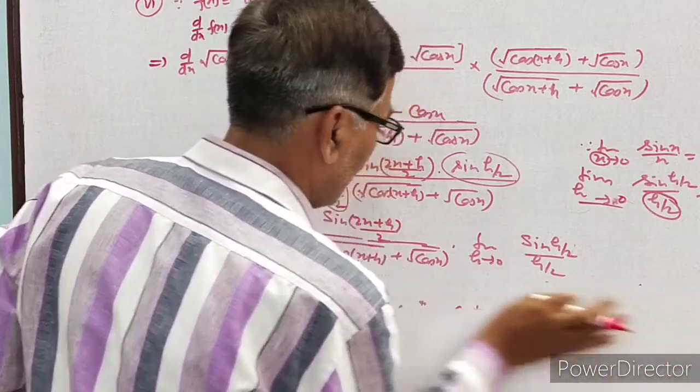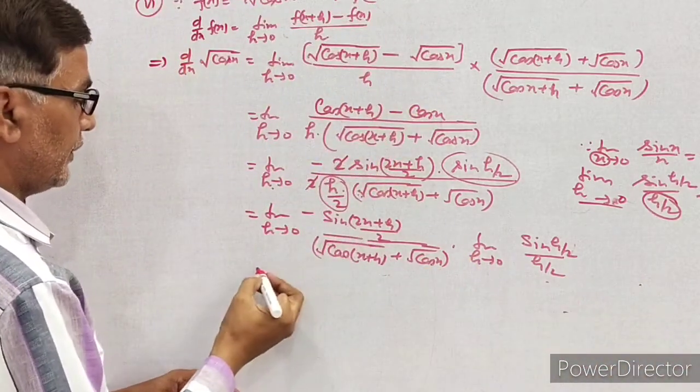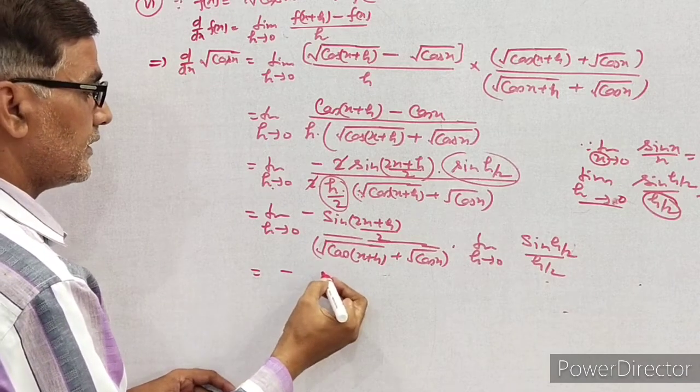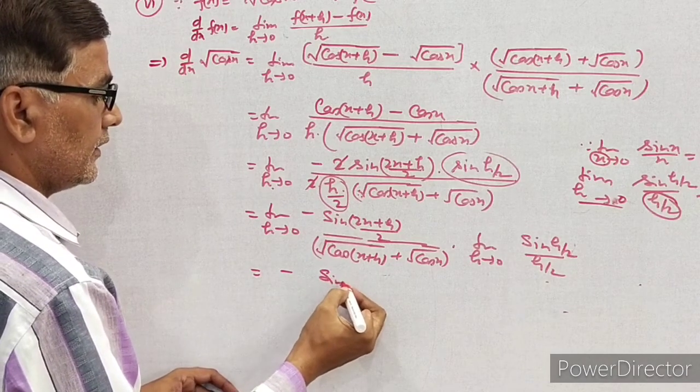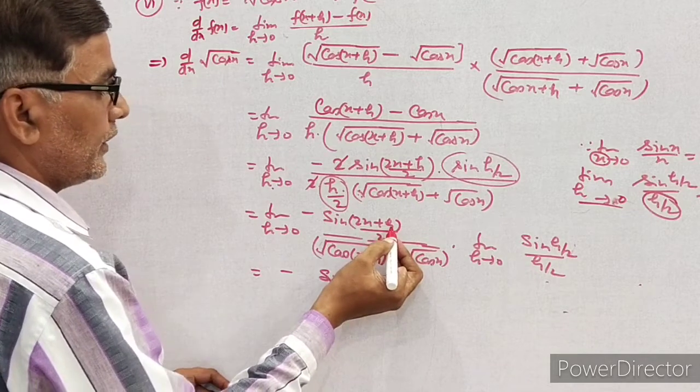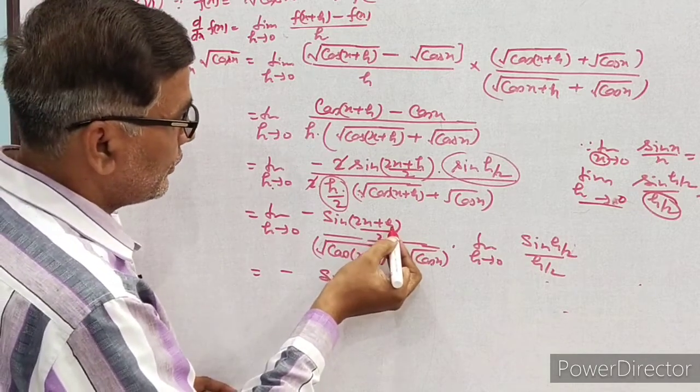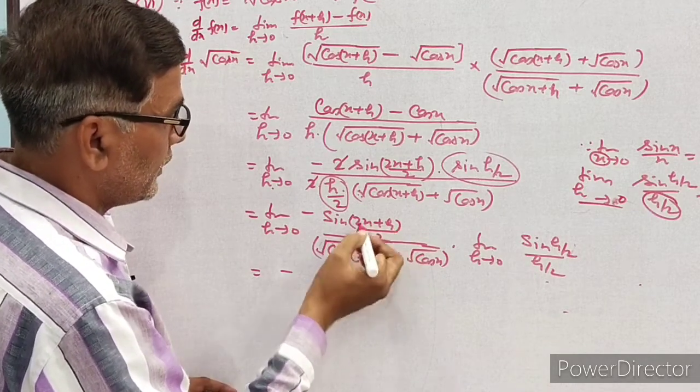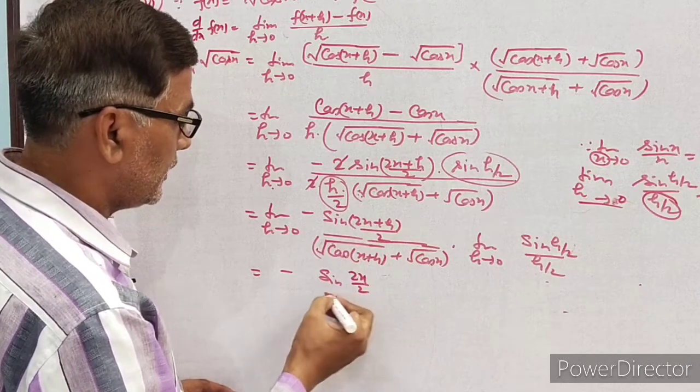So extending the limit, we have minus sine, here we have to put h is equal to 0, so (2x plus 0) becomes 2x upon 2.